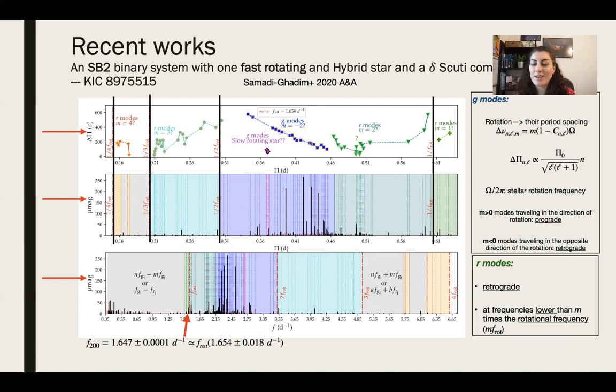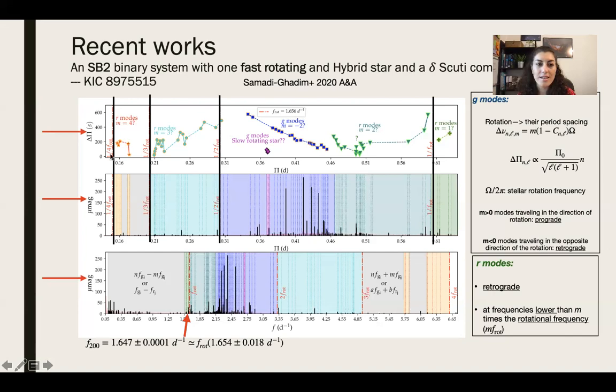And the other thing, from the theory of pulsations, I know that the Rossby waves that are excited when we have fast rotation are retrograde, okay? So their period spacing is increasing with period, and they are located between m times the rotational frequency.